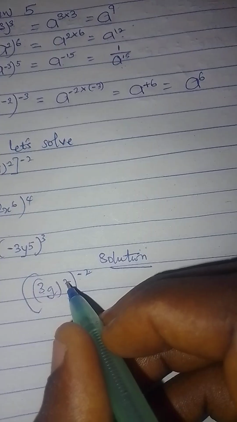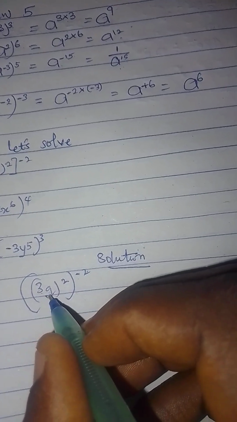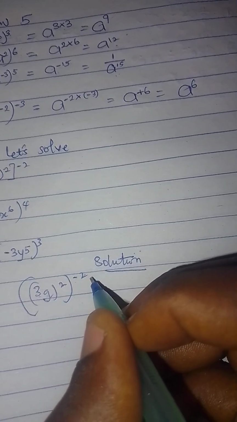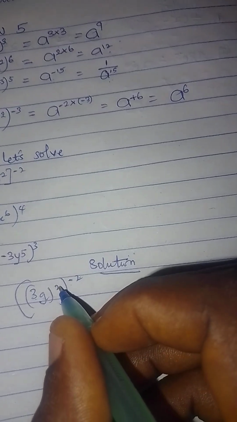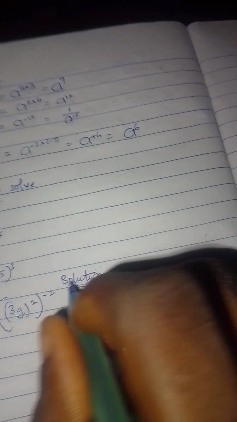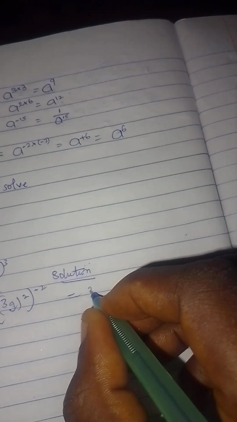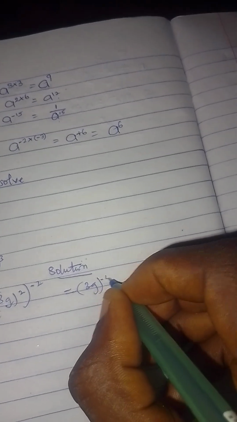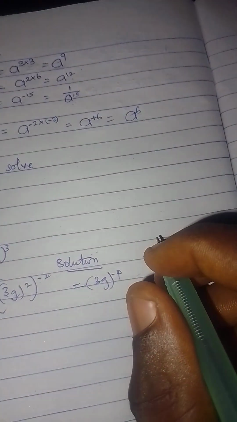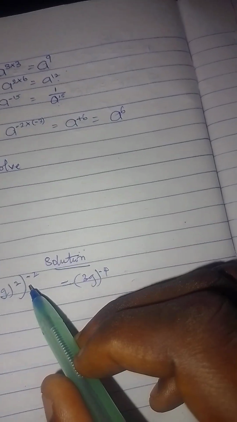Since this 2 belongs to this and this, I'll remove the bigger bracket first. So let's start with the bigger bracket. So 2 times minus 2 is minus 4. So I'm going to have 3g raised to minus 4. Do you get that now? We remove the bigger bracket.